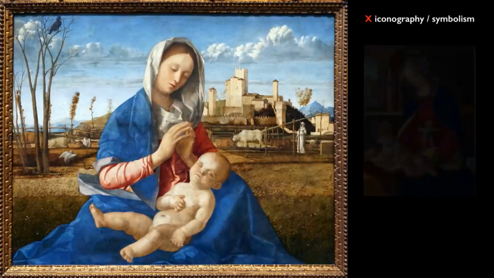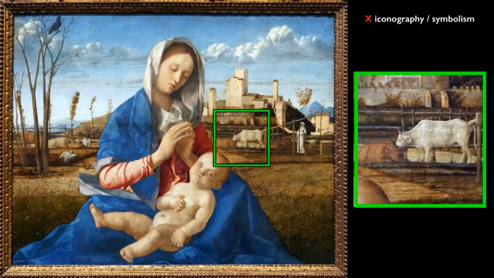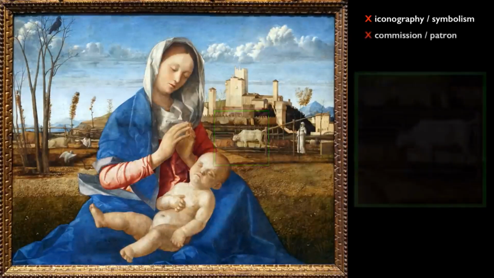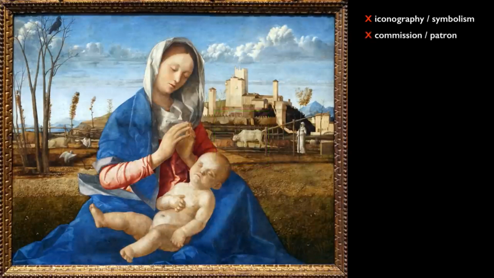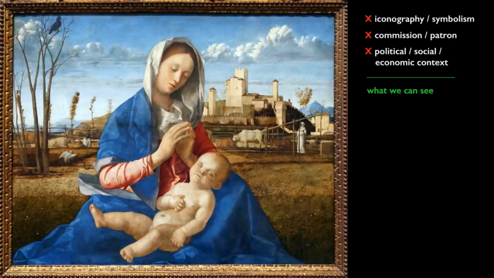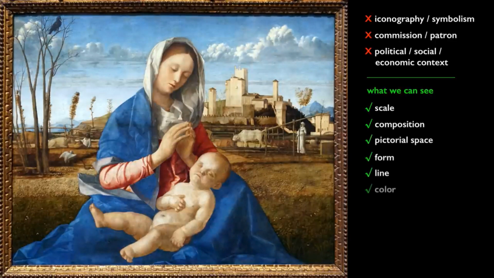We're not going to talk about the symbolism that we might see in some of the animals in the background. We're not going to talk about the commission or who the patron was. We're not going to talk about the political, social, or economic context in which this painting was made. Instead, we're going to focus on the things we can see. So we're going to talk about scale, composition, pictorial space, form, line, color, light, tone, texture, and pattern.